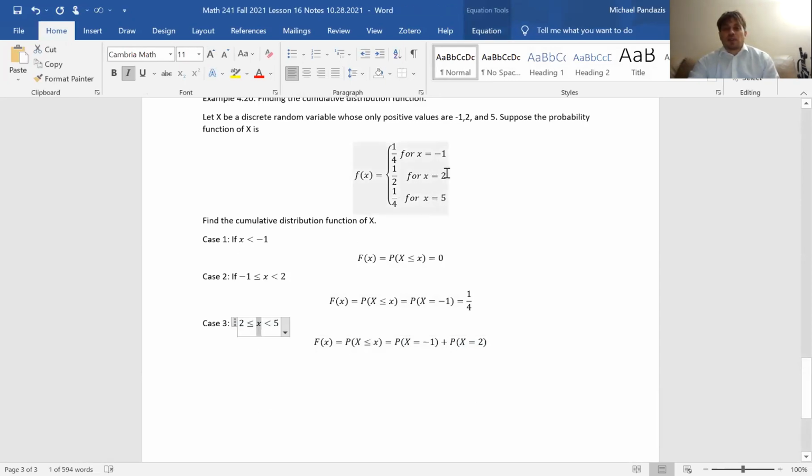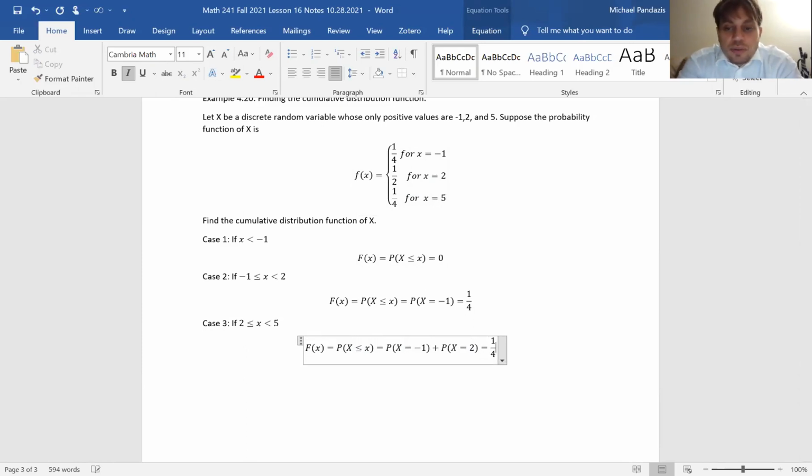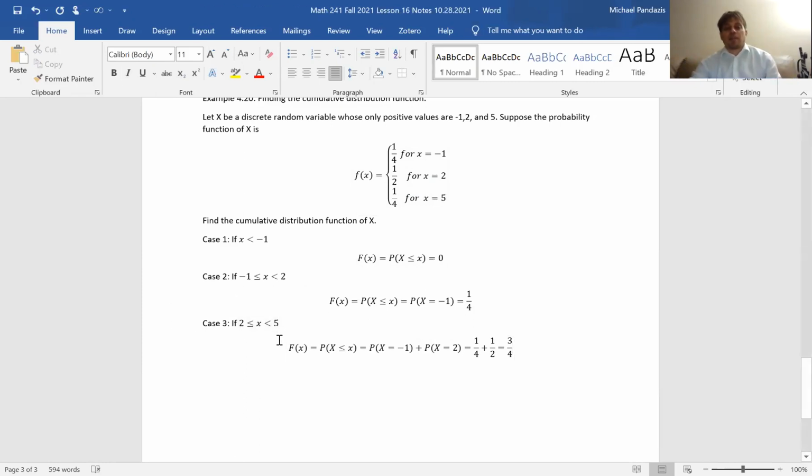So if it's at least 2 but less than 5, you add the probabilities when it's -1 and when it's 2, but not when x is 5, because little x is strictly less than 5, so you do not add the probability x equals 5. That's 1/4 plus 1/2, which is equal to 3/4. So capital F of x for x values here is equal to 3/4.